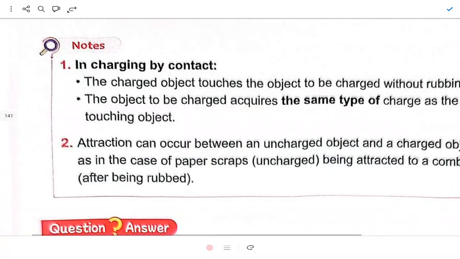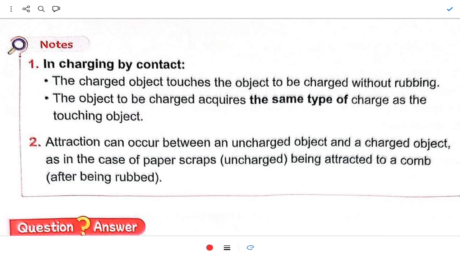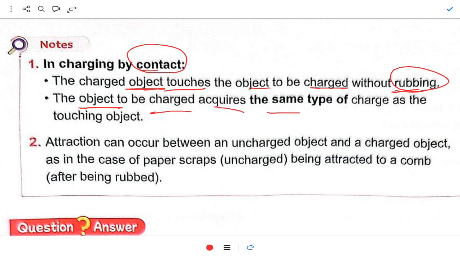In charging by contact, the charged object touches the object to be charged without rubbing. And the second thing, the object to be charged acquires the same type of charge as the touching object.